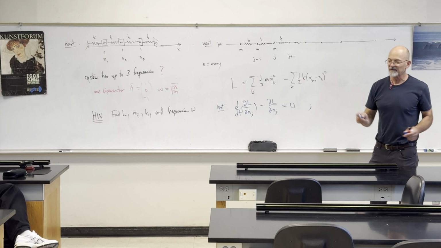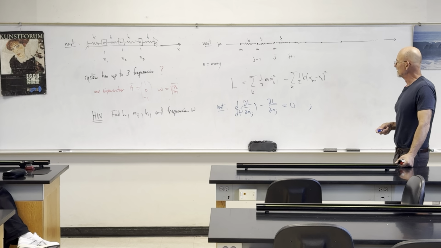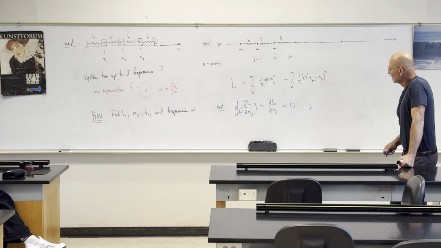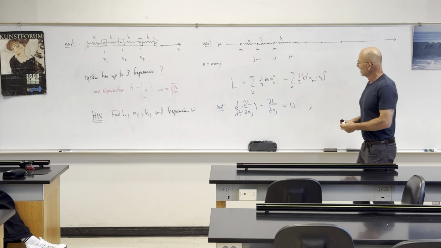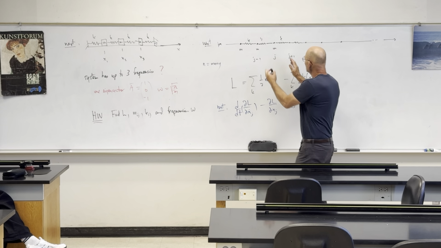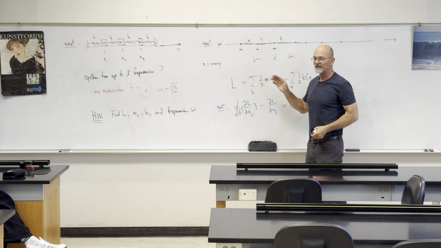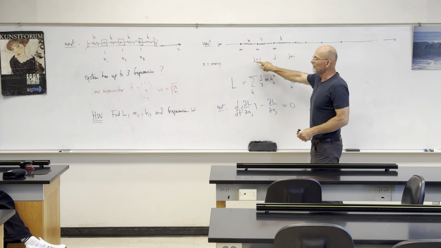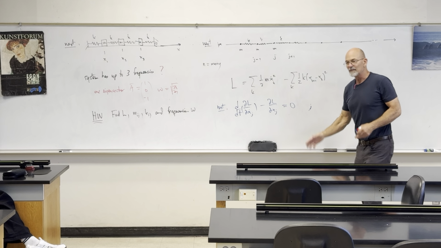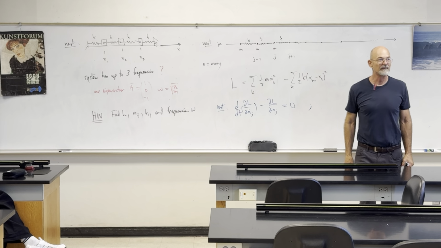Ignore the endpoints, because there are so many of them. We're somewhere in the middle, so we don't have to worry about that. And then we'll see some interesting stuff unfold here, because each of these equations only knows about the two neighbors of a single one. For j, it only knows about j plus 1 and j minus 1. So we'll get a big series of equations that we'll then manipulate and get an interesting result for.